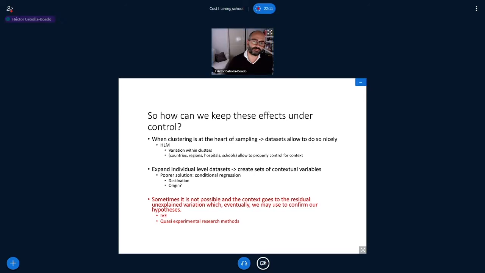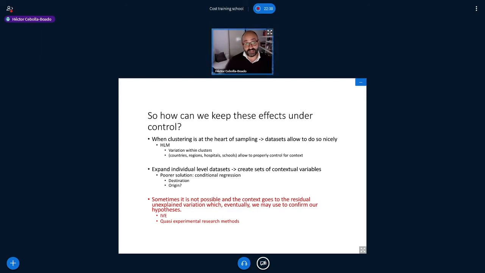This is the case in which we can use hierarchical models, multi-level models of different kinds, the family of multi-level modeling in general. This will allow you to show not only between-cluster variation, between country, between region, between neighborhood, between schools, between hospitals, but also within-cluster variation.